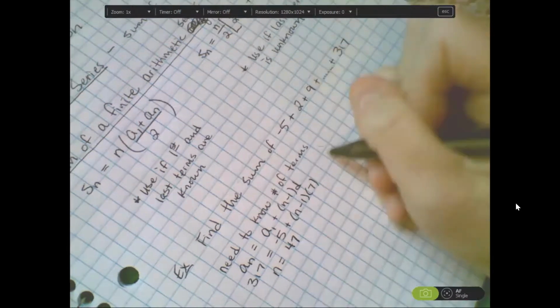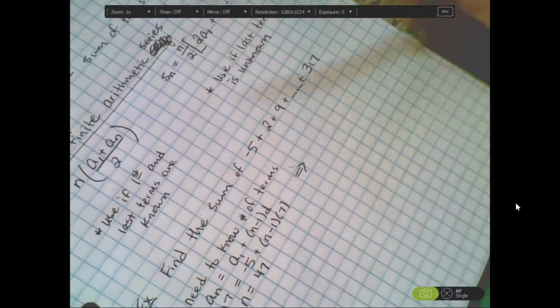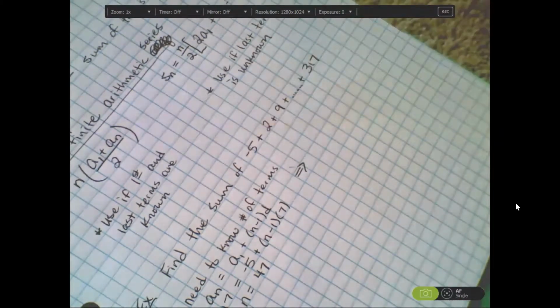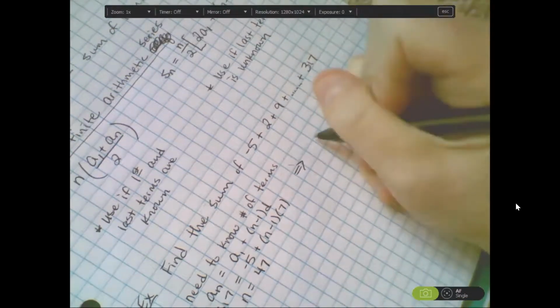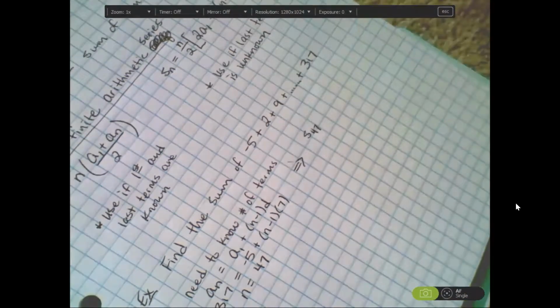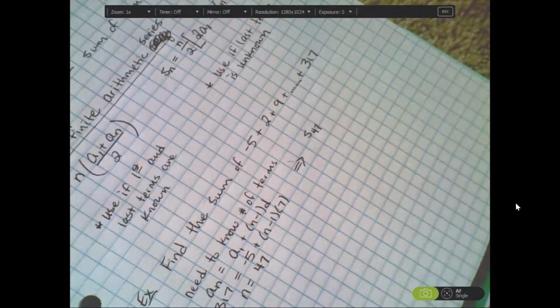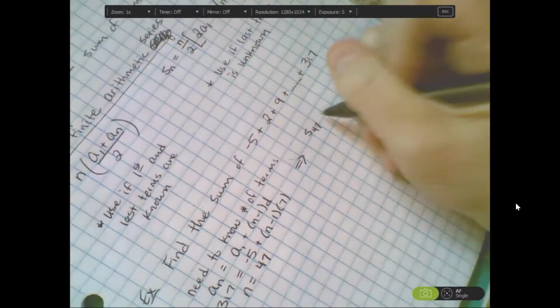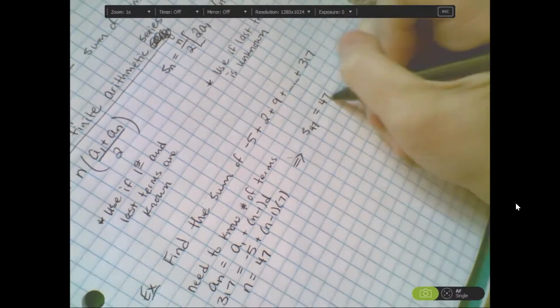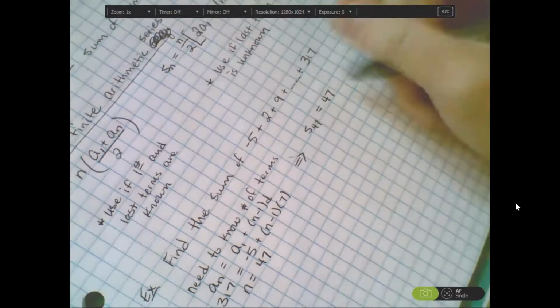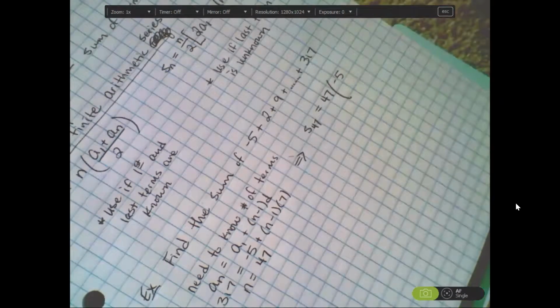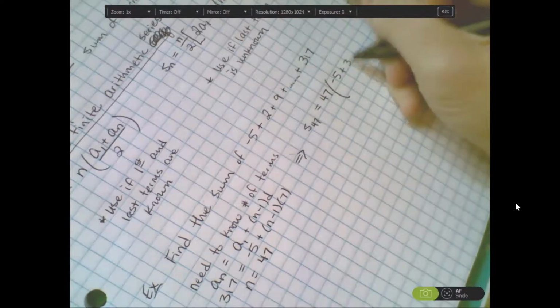So now we can go over here and use this first formula that we had. We're finding the sum of 47 values. So n is 47. Our first number is -5.